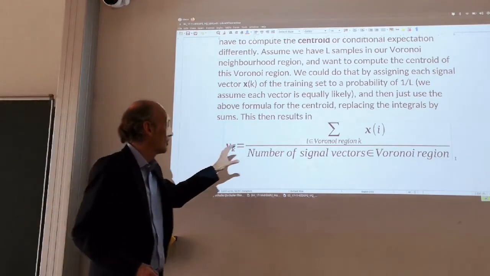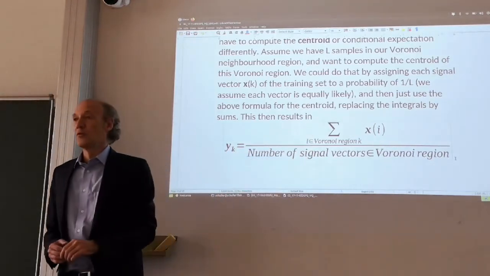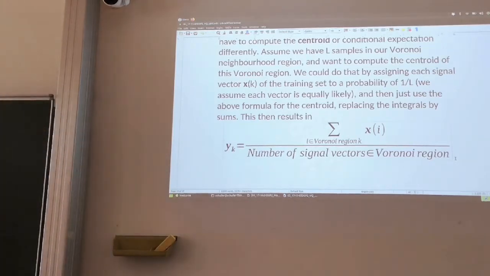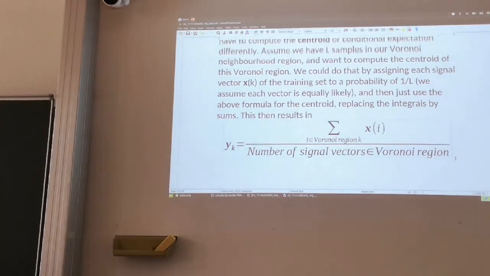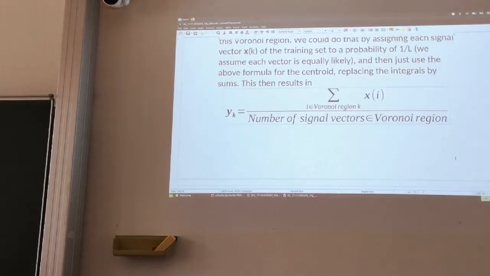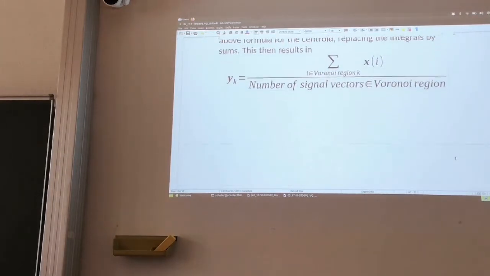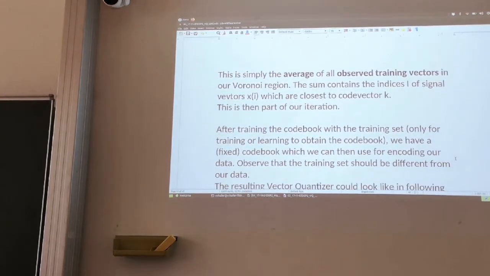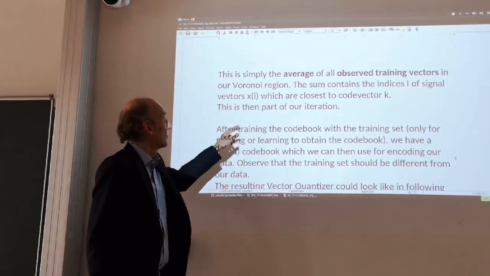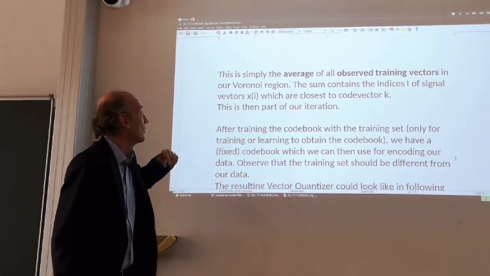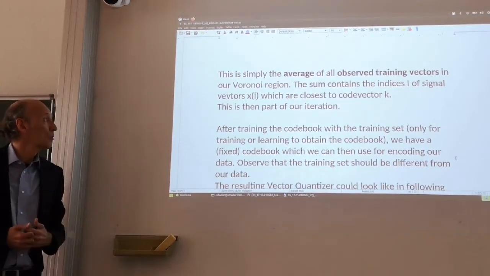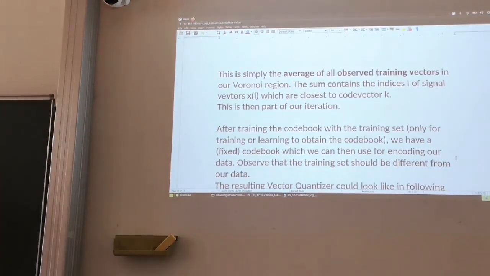So here, this gives us the new expected value or the new centroid. And you can see the computation is fairly easy. It's just the average of those vectors. Yeah, so the sum contains the indices of signal vectors xi, which are closest to the code vector k.